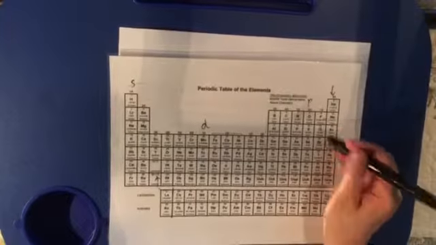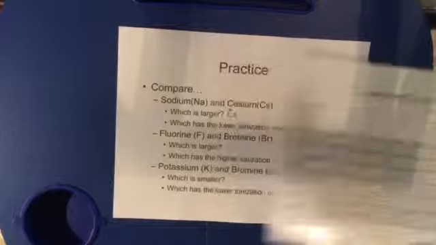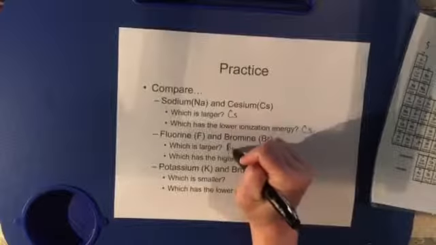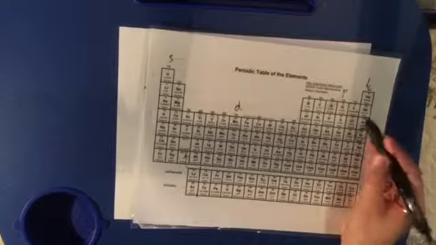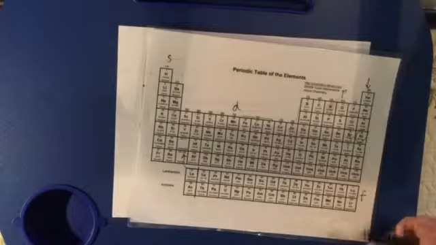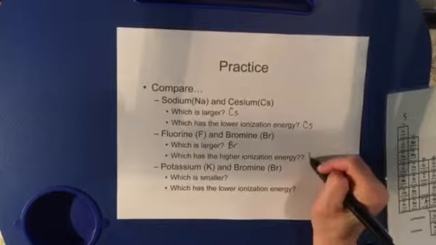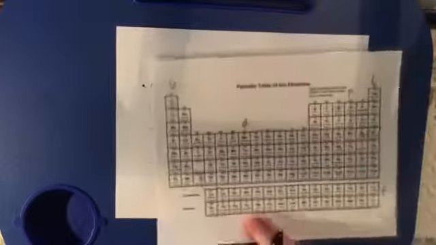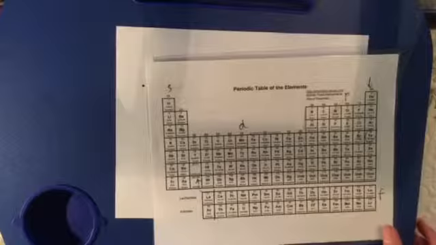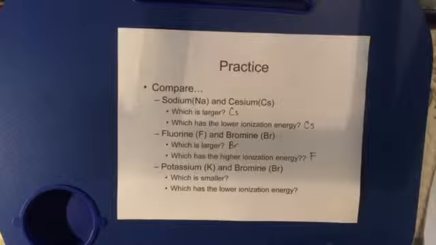Fluorine and bromine. Which is larger? Again, bromine here. Which has the higher ionization energy? And so ionization energy increases as you go up. So fluorine would have that because these electrons are closer to the nucleus, harder to steal away.